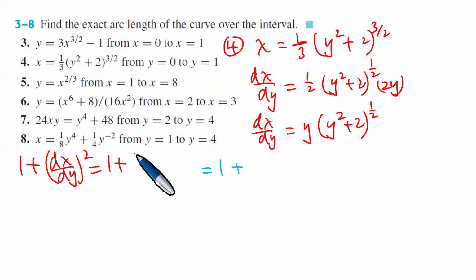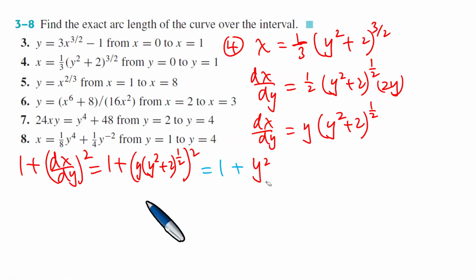So you're going to have exactly now these particular open parentheses. y plus 2, and then you have 1/2, and then you square this. You square this, and it's going to be y squared. Then you have y squared plus 2. Like this.